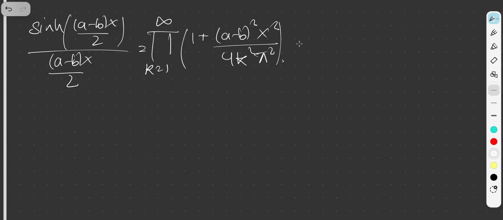And more precisely, we can say it's 2 times hyperbolic sine of (a minus b)x over 2.